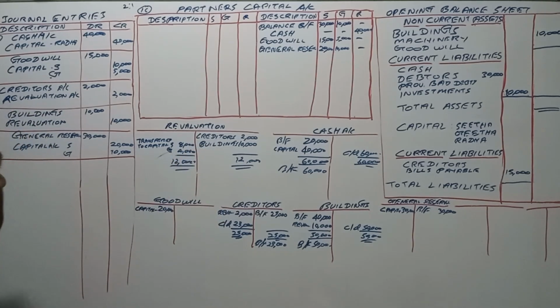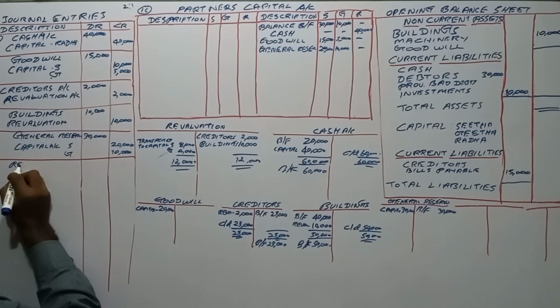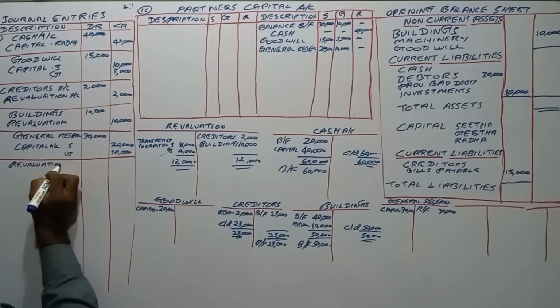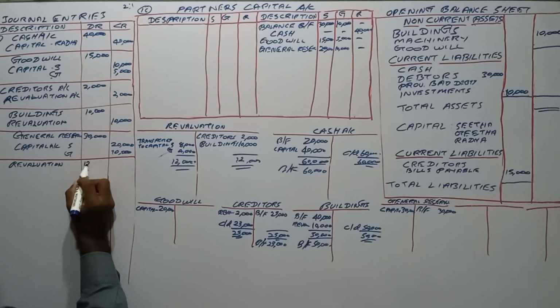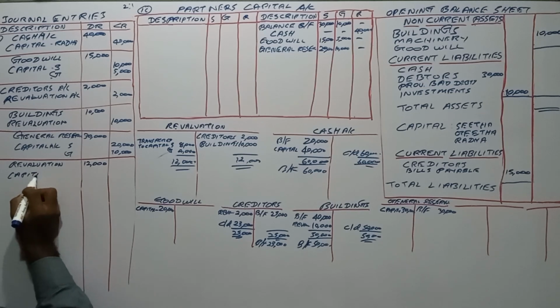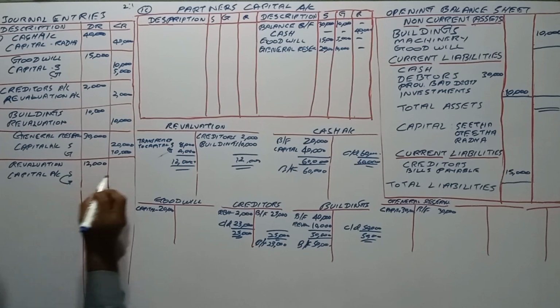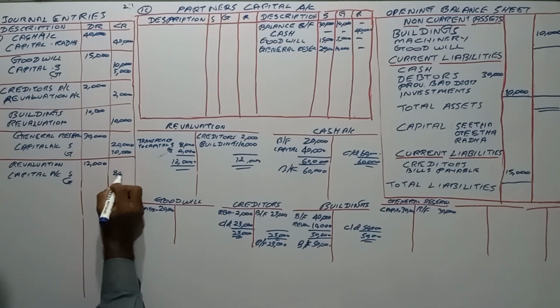Revaluation account debit 12,000 and capital account SNG 8,000 and 4,000.